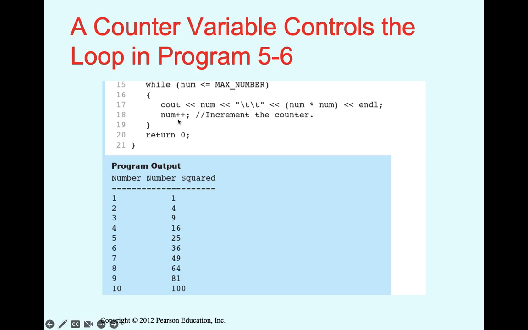So it was 1, then it will be 2, 3, 4, 5, 6, till it reaches the maximum number, which is 10. So we use this variable to control the loop. We want 10 times, so we make the expression based on this counter. So this will print 10 times the number and the square of this number.